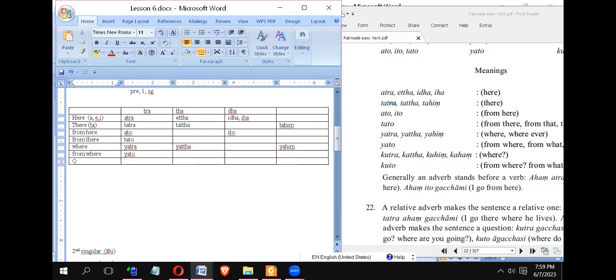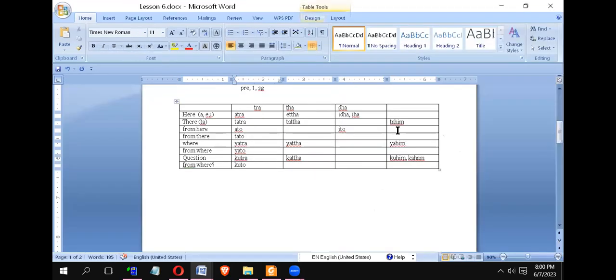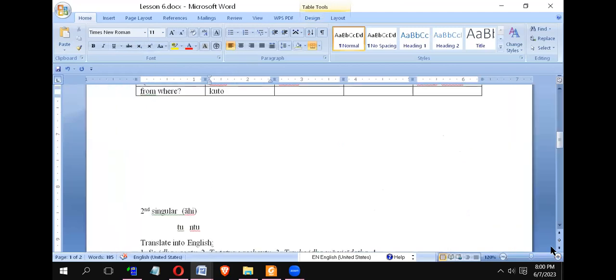Then the question here: you got kutra, kata, then kuhim or kaham. Then you got from where, the question here, kuto. Alright, I'll make it bigger for you all to see.